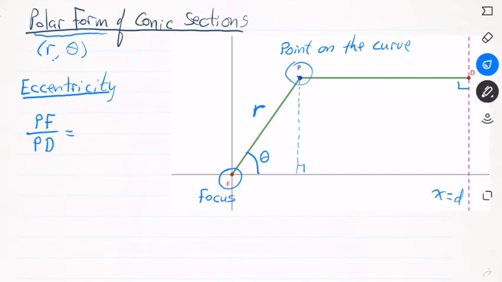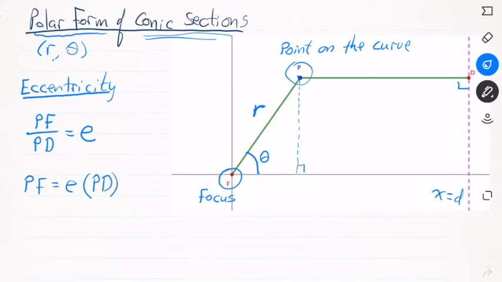And we're going to call this thing eccentricity. We're calling it e, but don't get confused between the natural number e and eccentricity e. So if we're working with conic sections in polar form, this e has nothing to do with the natural number. All right, so if we set this equation up, solved for one side, we're going to get PF equals e times the distance PD.